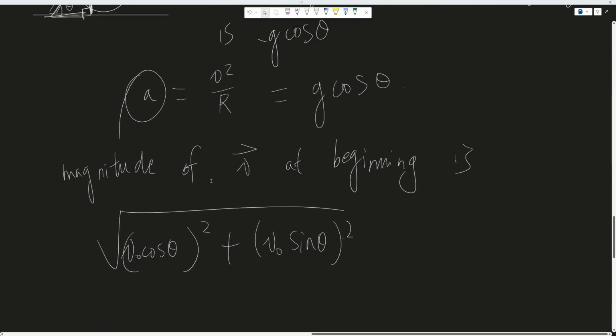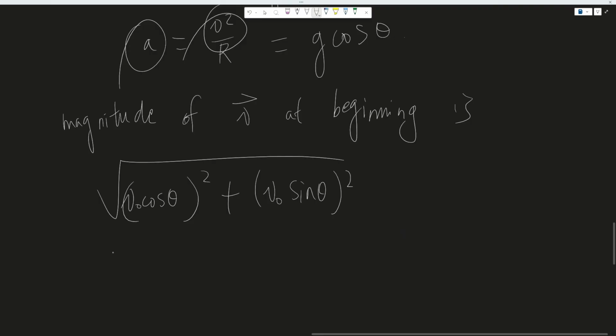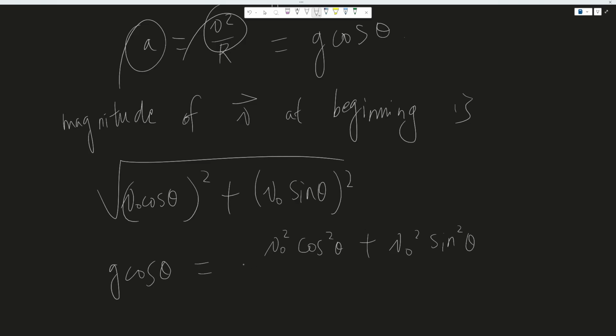And then, because we're using V squared here, G cosine theta needs to be equal to V0 squared cosine squared theta plus V0 squared sine squared theta over R.